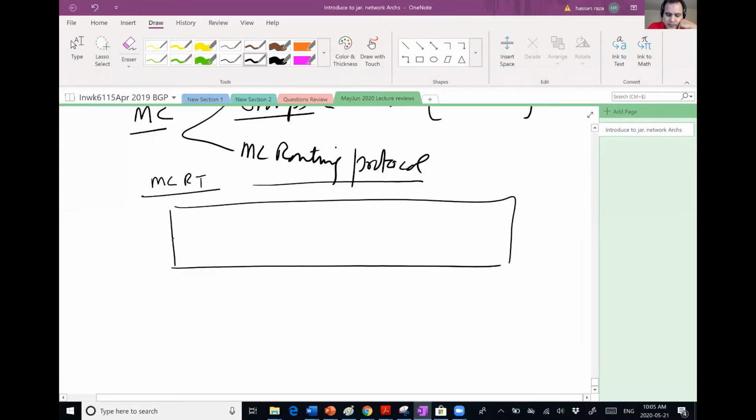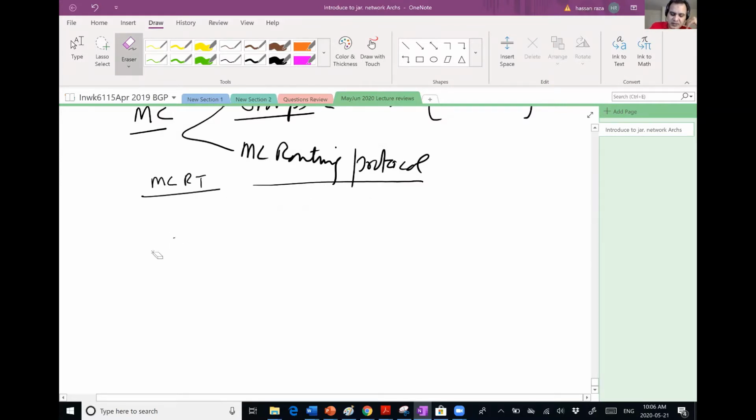Let's say I will have source, group, incoming interface, and it's too small, so let me make it a little bigger. I'm not able to write in this.